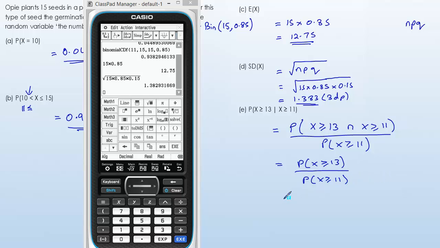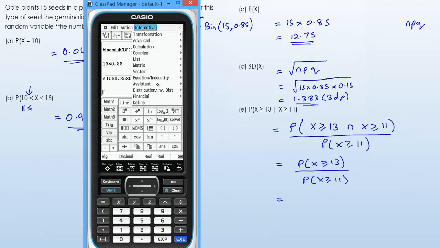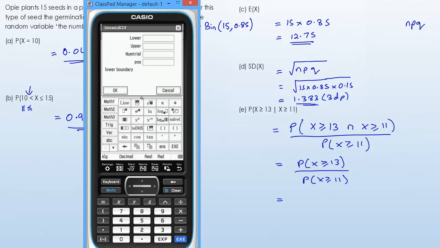So what do we need? We want, let's do the probability that x is greater than or equal to 13. So distribution discrete CDF, so that's 13, and then of course it goes up to 15 with 15 trials, and the success was 0.85.